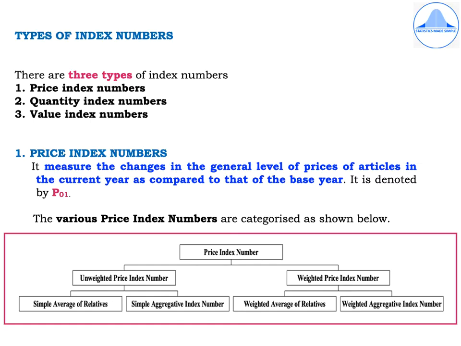Similarly, weighted price index numbers are further classified into two categories, weighted average of relatives and weighted aggregative index numbers. Please keep in mind that if the word index number is used, it is same as price index number.